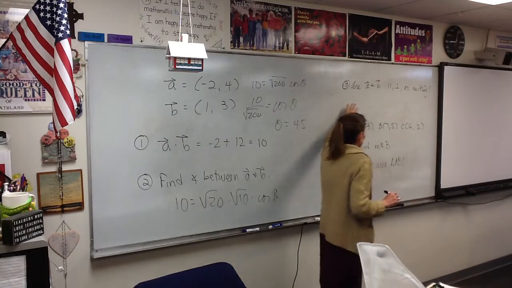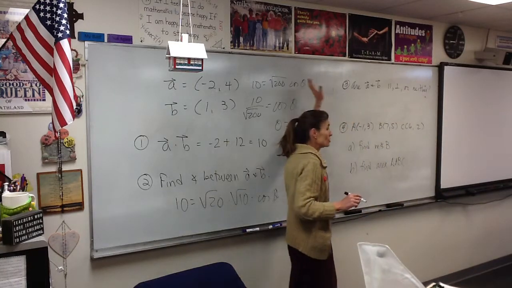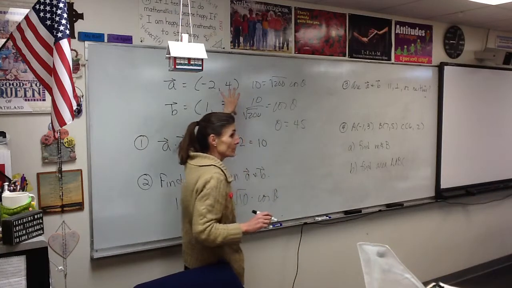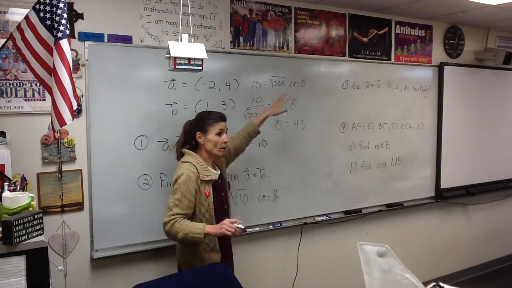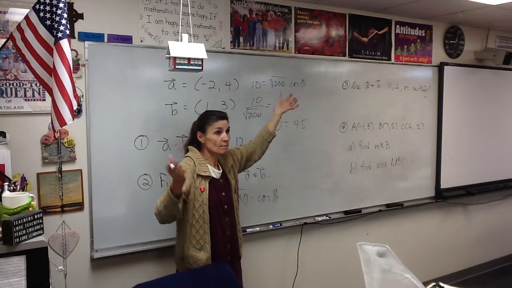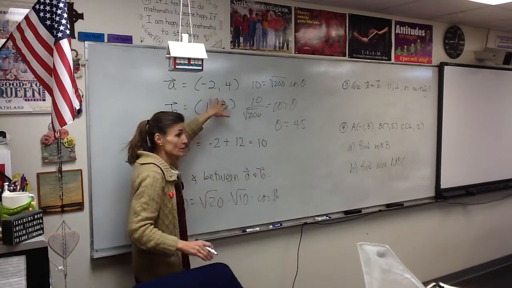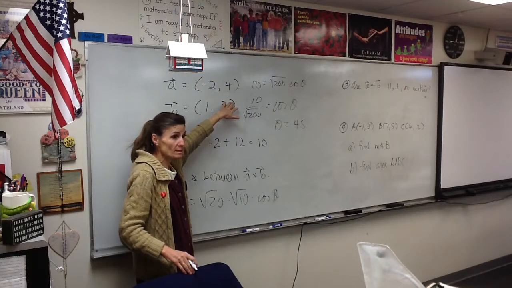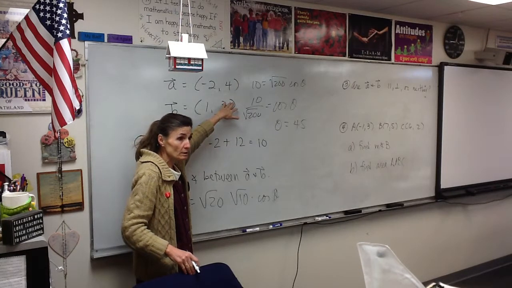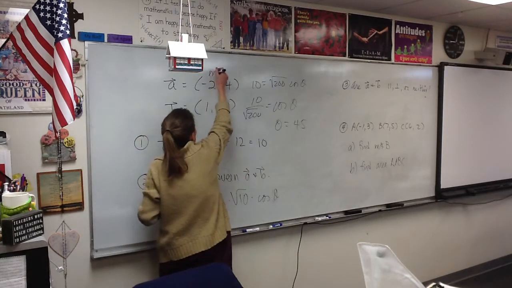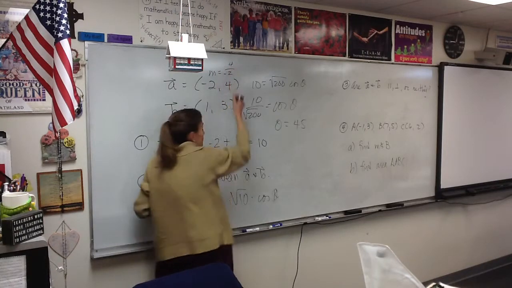Okay. Now, these are two-dimensional vectors. So if you want to know if they're parallel, perpendicular, or neither, you can just simply check their slopes. This vector goes left 2 and up 4. So what's its slope? This one has a slope of 4 over -2, right?